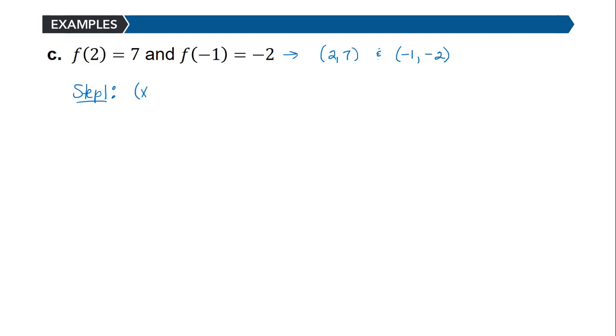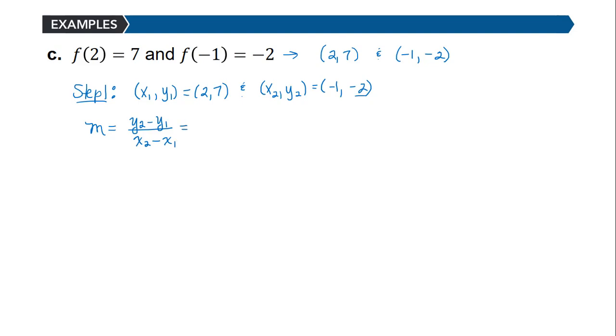So if we let x sub 1, y sub 1 equal the point (2, 7), and x sub 2, y sub 2 is equal to the point (-1, -2), we substitute into the slope formula: y sub 2 minus y sub 1 divided by x sub 2 minus x sub 1.